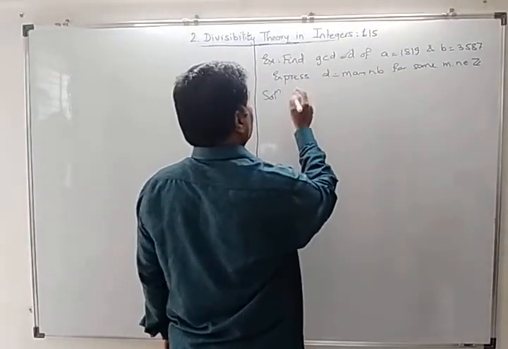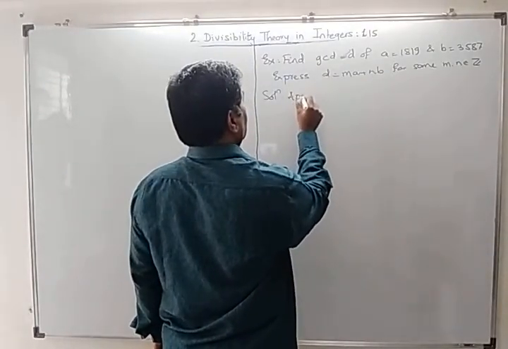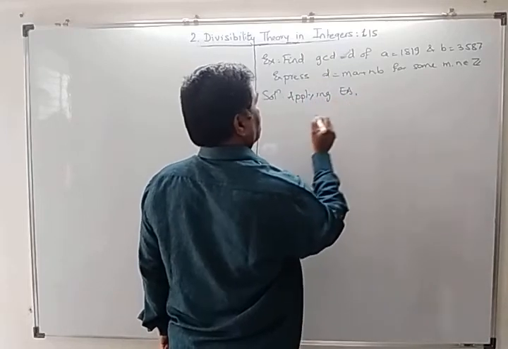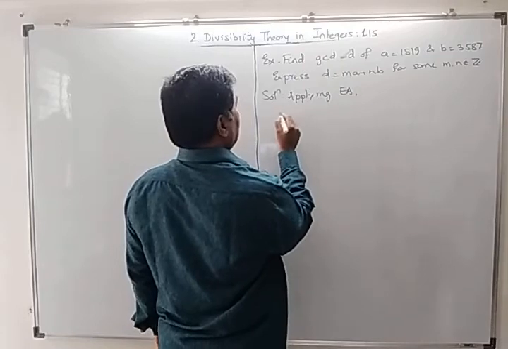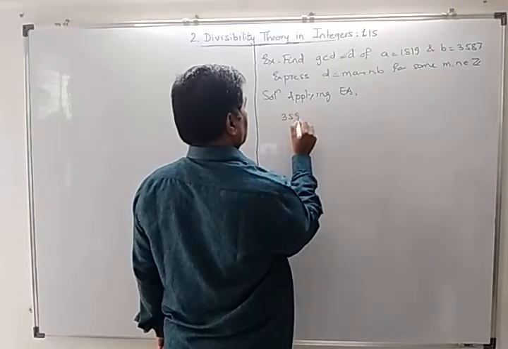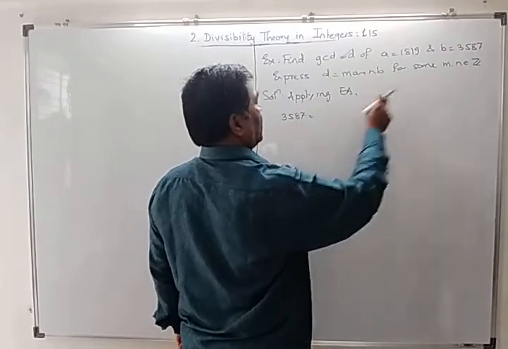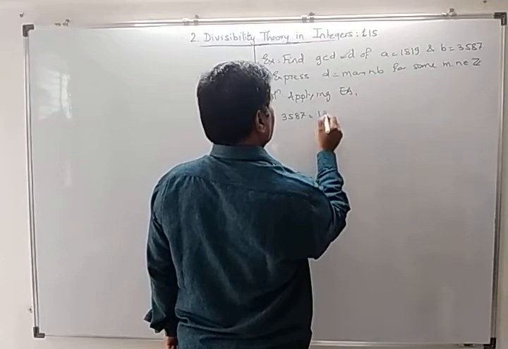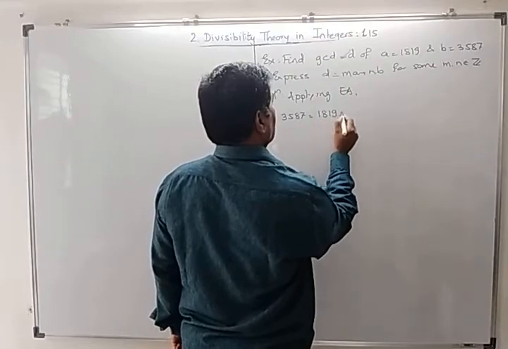So, solution. Applying Euclid's algorithm, 3587, we will divide the larger integer by the smaller integer, 1819 into.